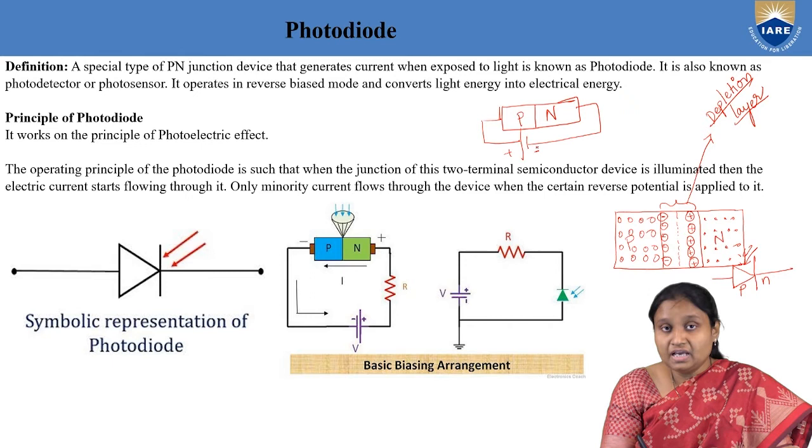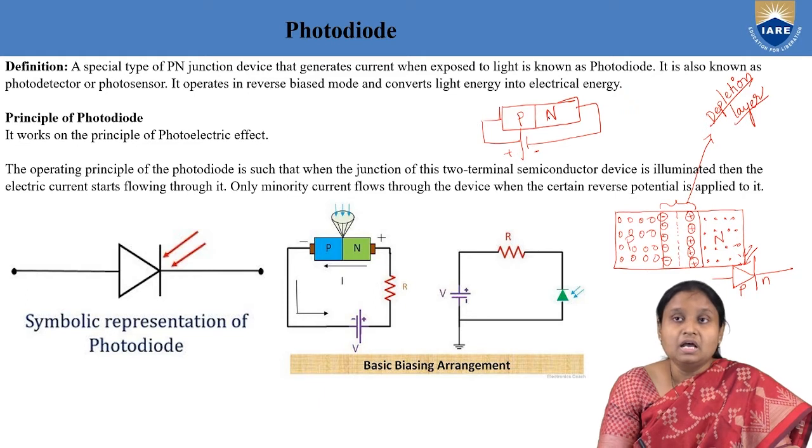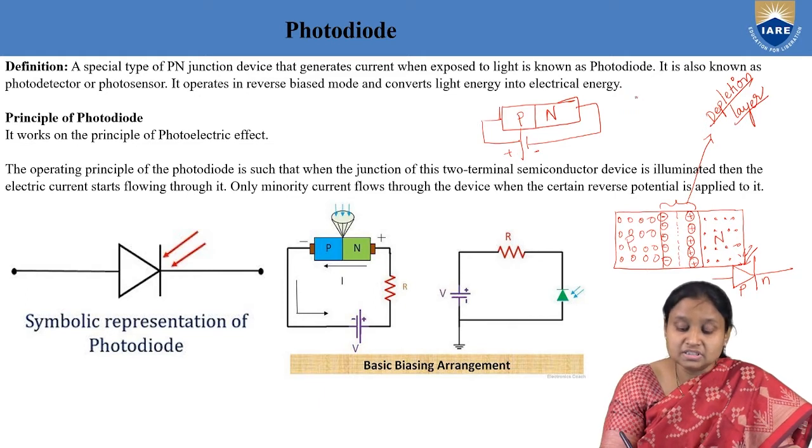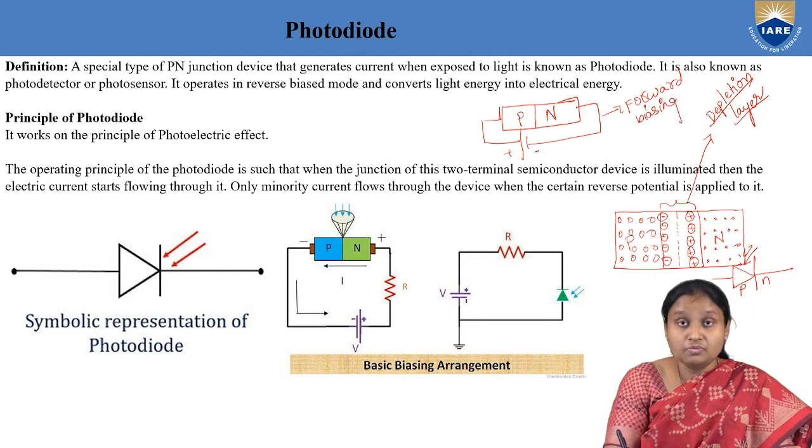We connect the P type of the PN junction to the positive terminal of the battery, and the N type of the PN junction to the negative terminal. When we apply the external voltage in such a way, this phenomenon is called forward biasing.